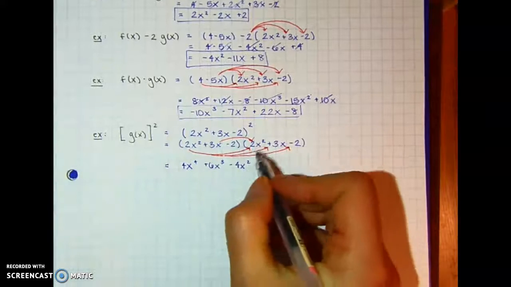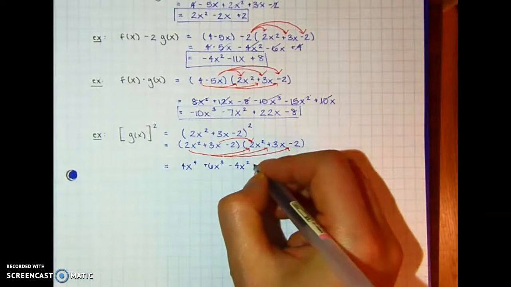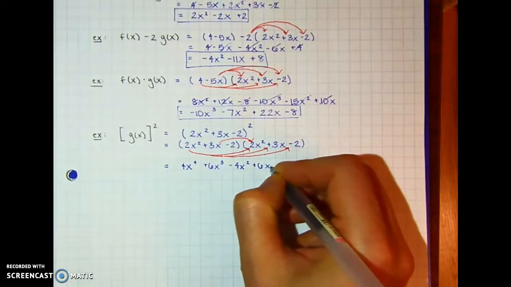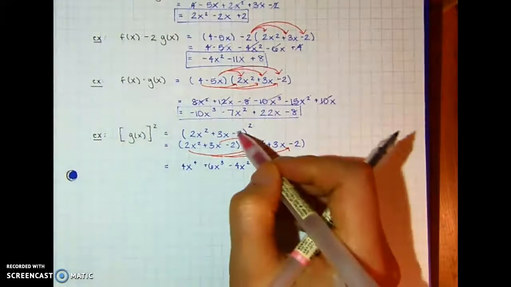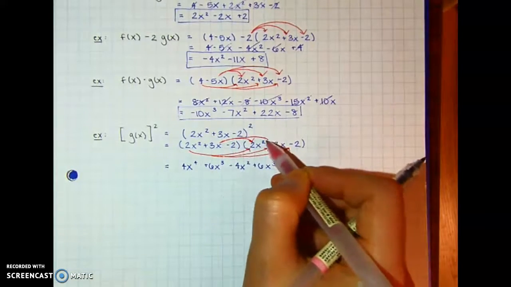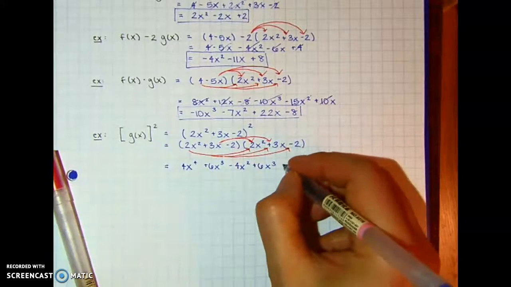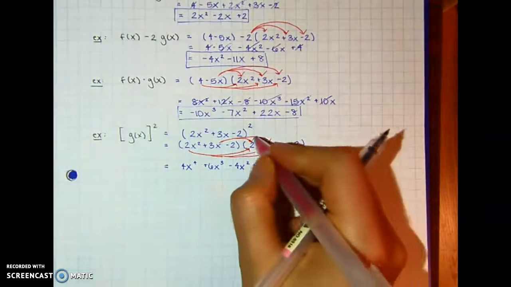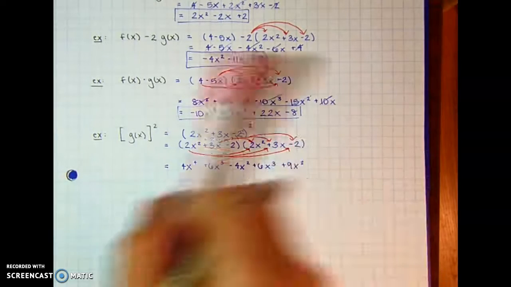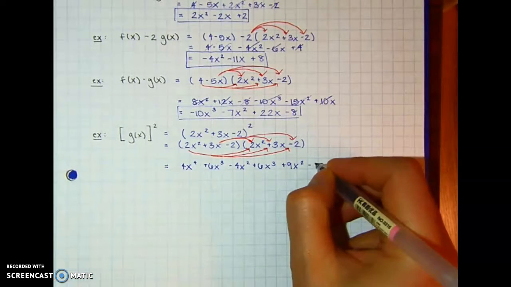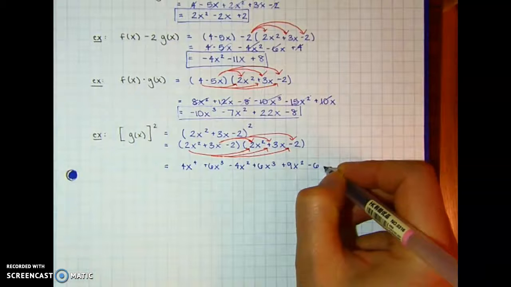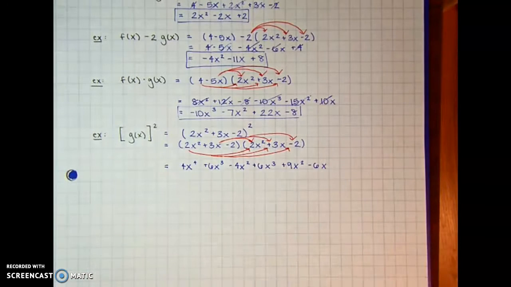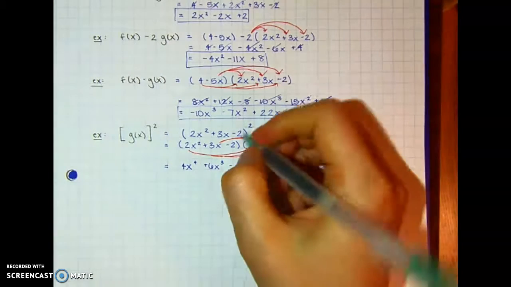Okay, now these 3, oh gosh, this is going to look crazy confusing after. So 3x times 2x squared will be positive 6x cubed. 3x times 3x will be 9x squared. And 3x times negative 2 will be negative 6x. And then I'll just do another color, I guess, since we still have one more term, that's this negative 2.